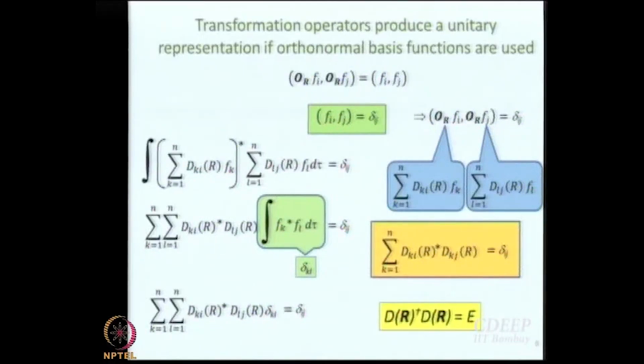If this is what is satisfied, is that not the condition for the matrices to be unitary? You look at this, this is k i and this is k j. So, you are working with the matrix elements of Hermitian conjugates or adjoints.